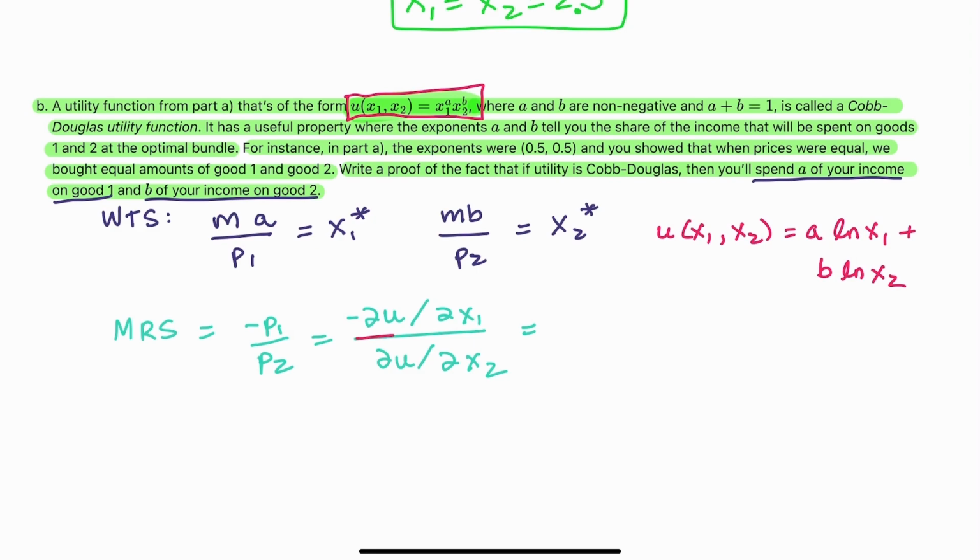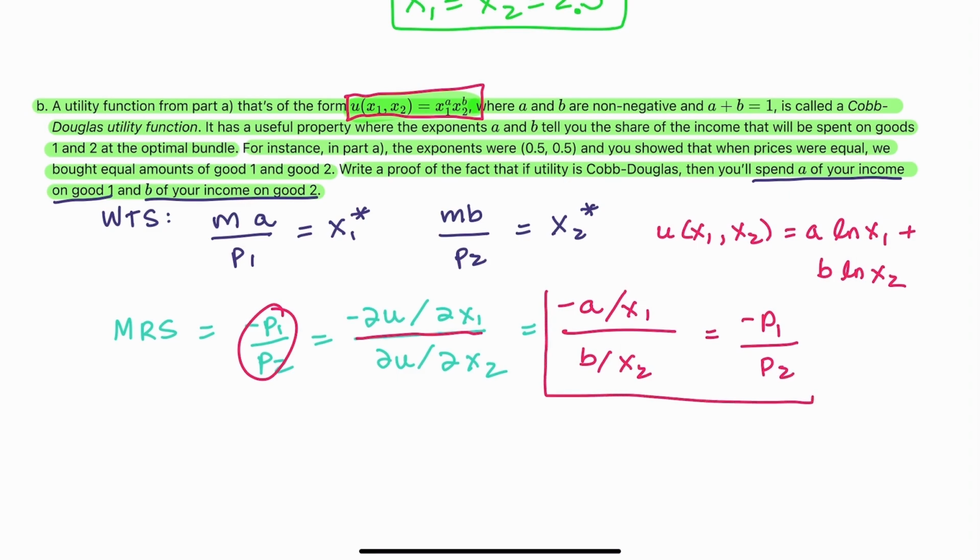So take the partial derivative with respect to x1 to see that we have negative a over x1 divided by b over x2. That's going to be equal to negative P1 over P2. So that's our first equation.